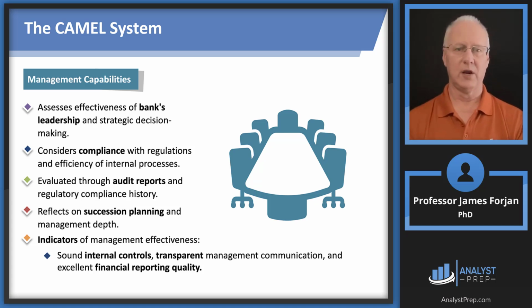I think a good exam question here would be, let's go back to the board of directors. Remember what I've said to you many times before, that the board has essentially two functions: to establish the strategic direction of the financial institution, and then to hire and fire the executive leadership team. So management capabilities has its roots inside the board of directors and the quality of the board. If the board has high quality, highly skilled individuals who are committed to being good stewards of the strategic direction of the financial institution, then they're going to do their best to hire and fire effective bank leaders.